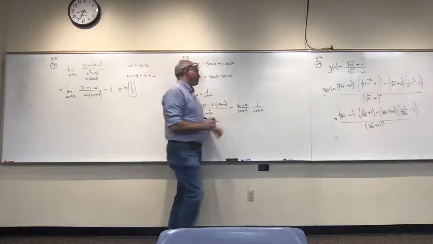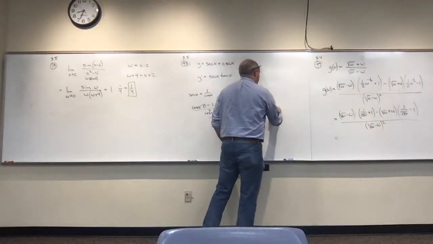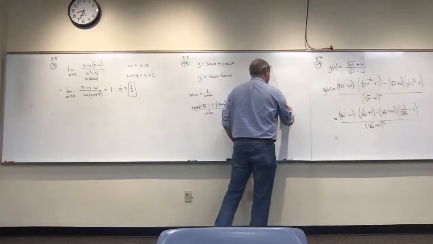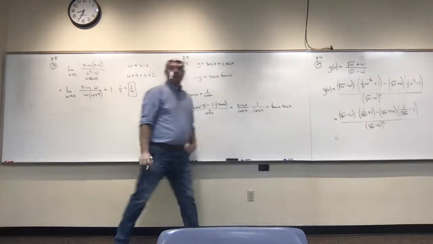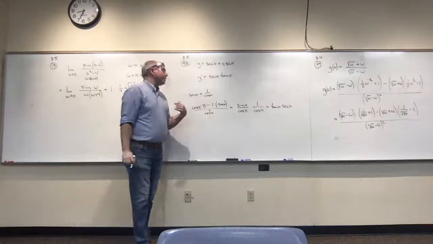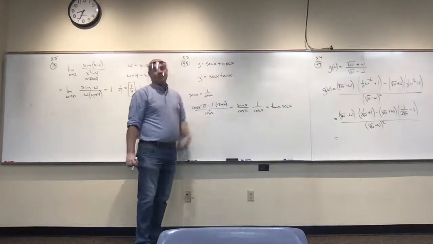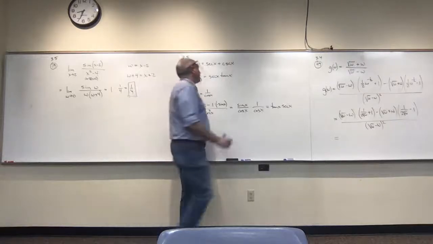But sine over cosine is tan x, and 1 over cosine is secant x, right? But what we need to remember is that the derivative of secant of x is secant x tangent x. Okay, we just need to remember.